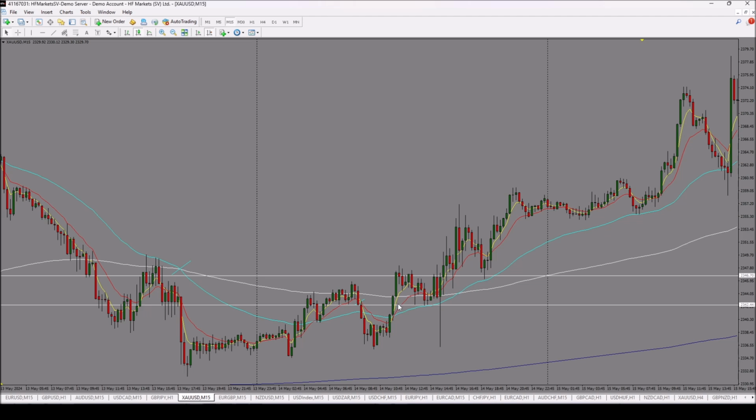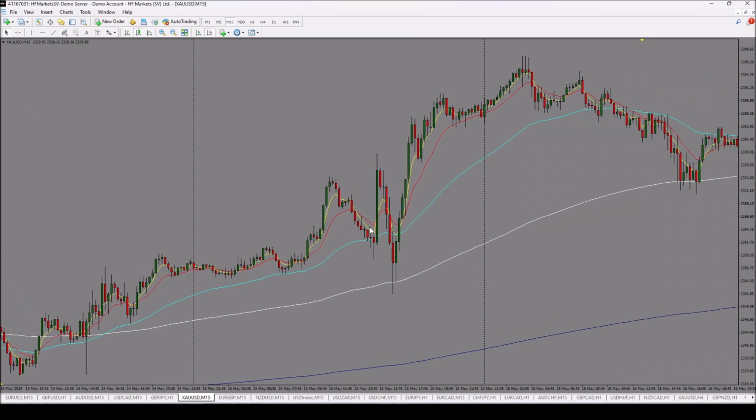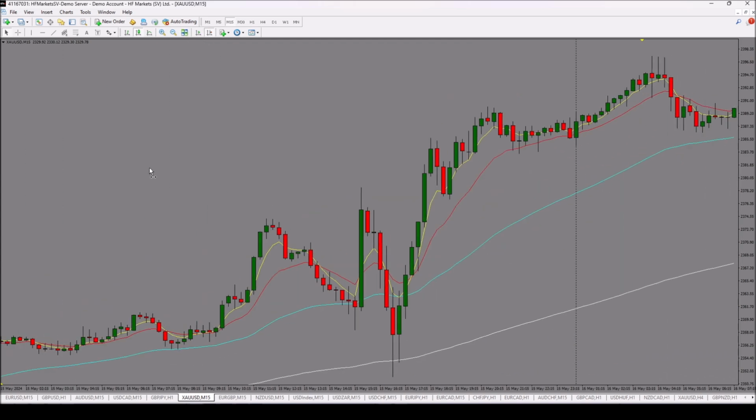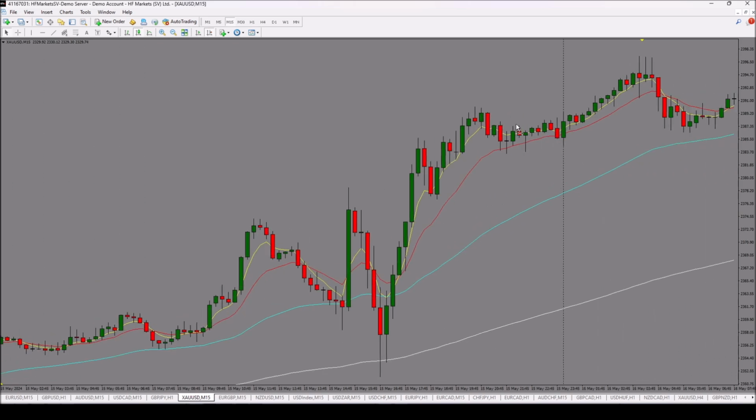Basically like that. 50-200 EMA cross. After that 50-200 EMA cross, we need to see a retest of the 200 EMA. The 50 in blue and 200 in white crossed over, and then a retest was issued at this particular price point. After that retest, we can see the 5-13 crossing over at this particular price point, and then we were going to make our entry.